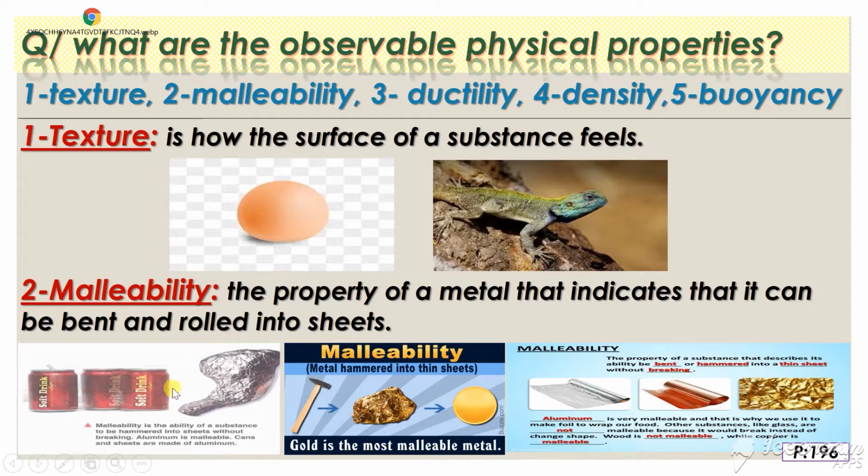Many metals are malleable. For example, aluminium is malleable.